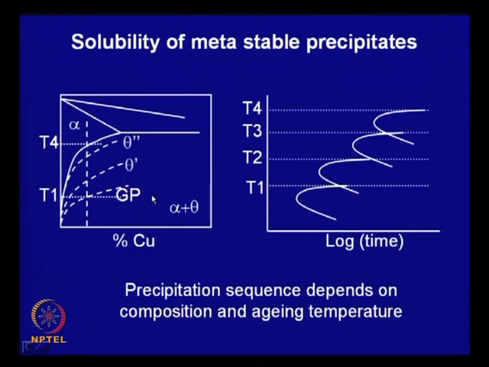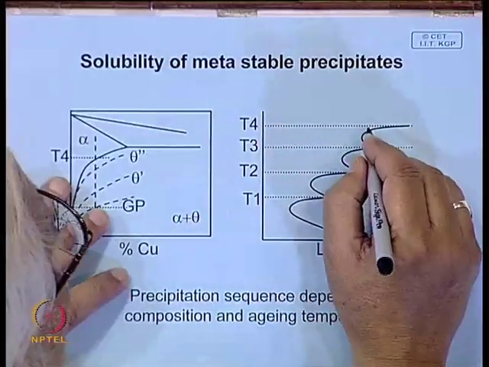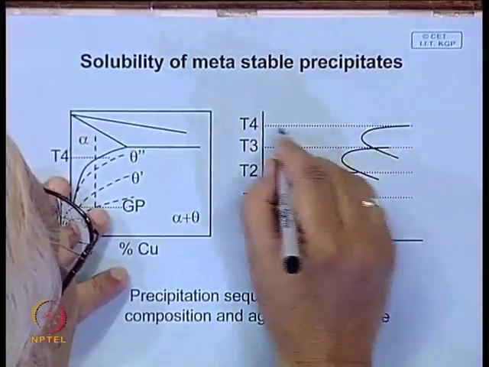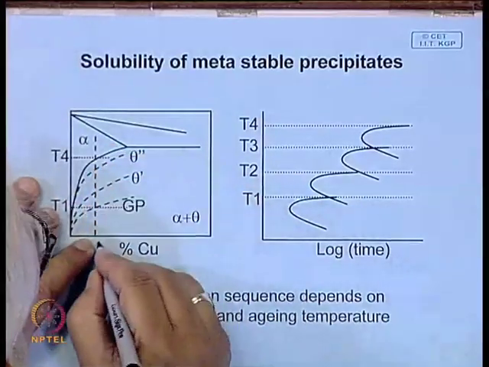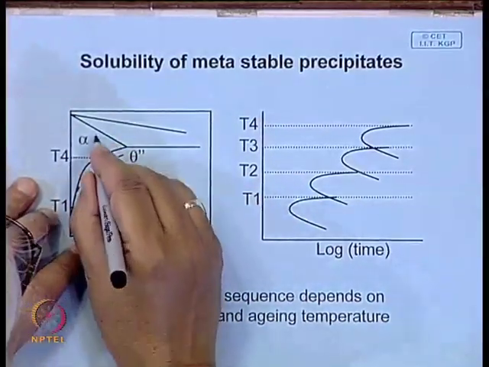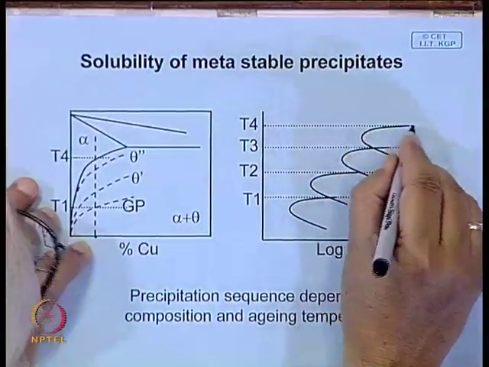The process of precipitation will be a time dependent process. So, the rate of nucleation will depend on the magnitude of undercooling. If you look over here, this is the alloy, let us say, of a particular composition, and we have kept it at temperature T4.